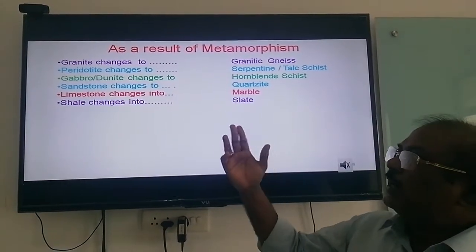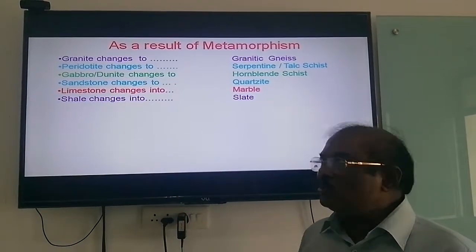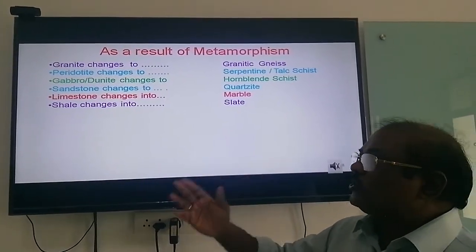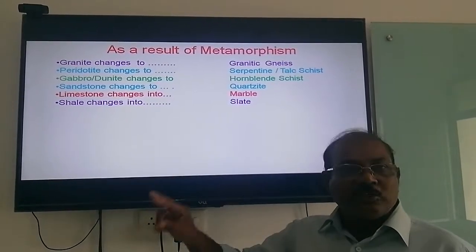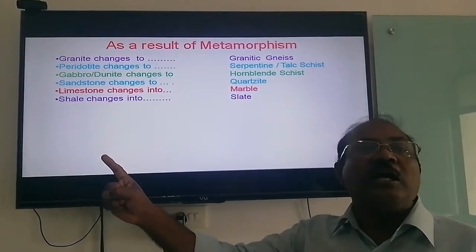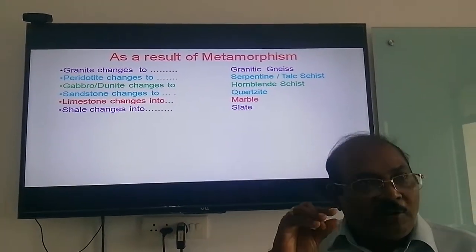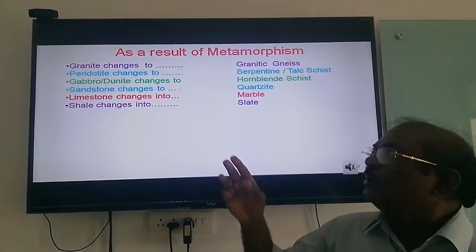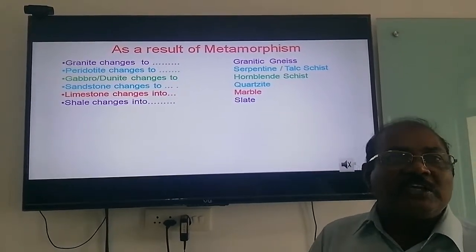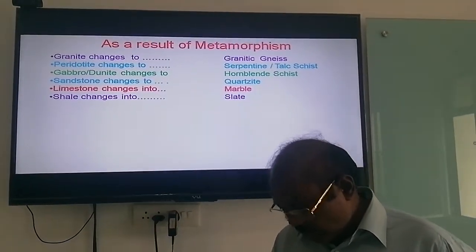Granite, peridotite, gabbro and dunite belong to igneous rocks. Sandstone, limestone and shale belong to sedimentary rocks. So both igneous rocks and sedimentary rocks are the pre-existing rocks. That is why metamorphic rocks are formed due to metamorphism, which acts on either sedimentary or igneous rocks.